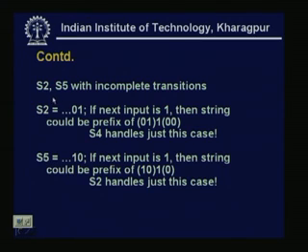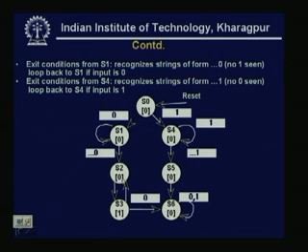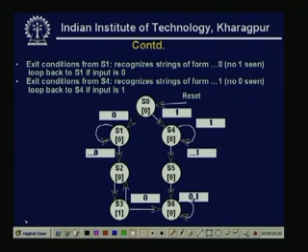So S2 and S5 have incomplete transitions. Why? S2 is the 0 1 state. If we see the previous state, it was 0 1 and then 0. If the input string is 0 and then 1 comes, it goes to S2, then 0, so that is 0 1 0.